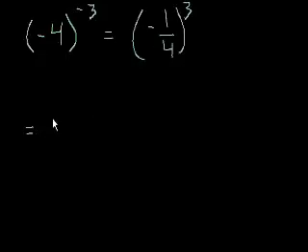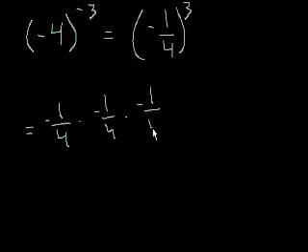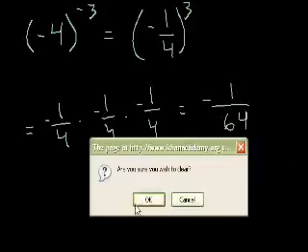And that equals minus 1 over 4 times minus 1 over 4 times minus 1 over 4. The negative times a negative is a positive, but then we're multiplying that times another negative, so we get a negative. 1 times 1 times 1 is 1. 4 times 4 is 16, times 4 is 64. So it equals negative 1/64.